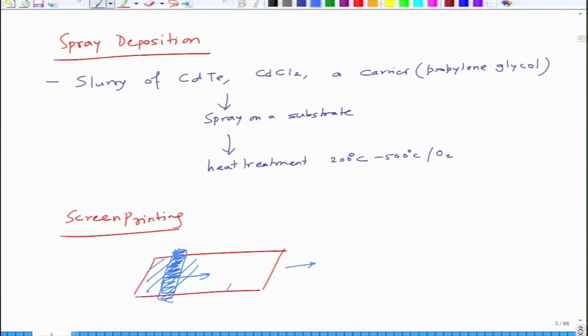You have a substrate and then a screen on top of it, with a certain mesh size, and on top of the screen you put in the slurry, and the slurry is rolled over using a roller, manually or automatically, to give you a film. This is also a process, and then of course you heat treat after deposition.